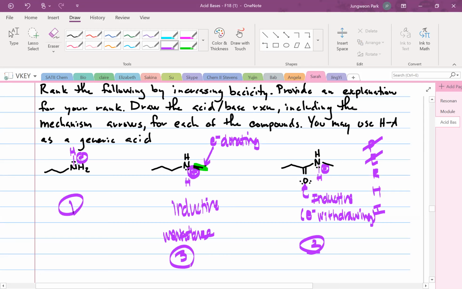So when it's electron donating, that's when the base is the strongest, if there's a positive charge somewhere else. You have to look at the positives and the negatives.